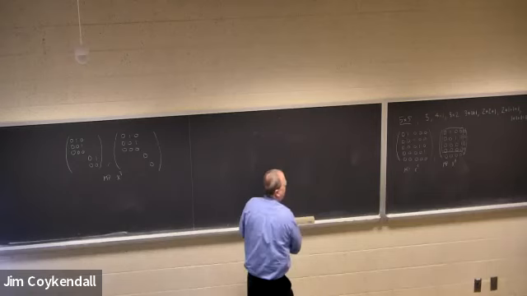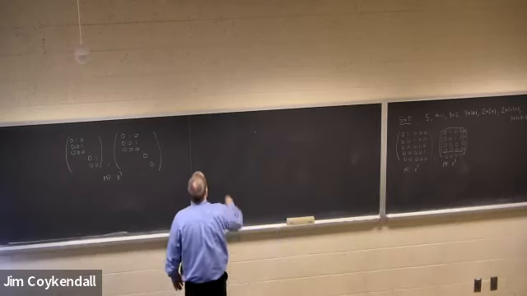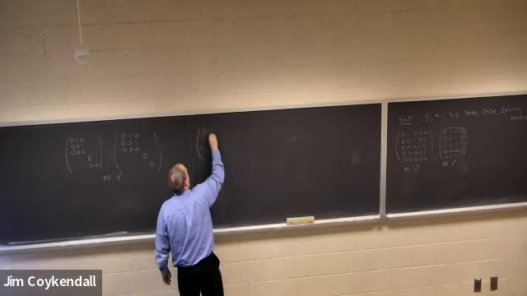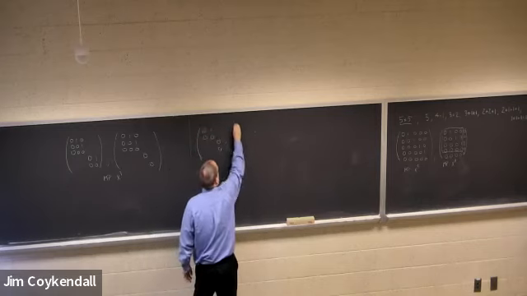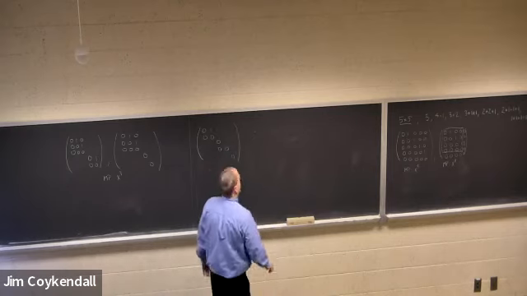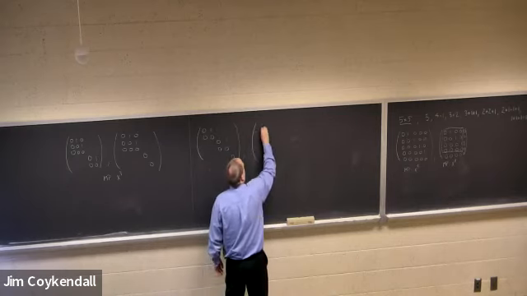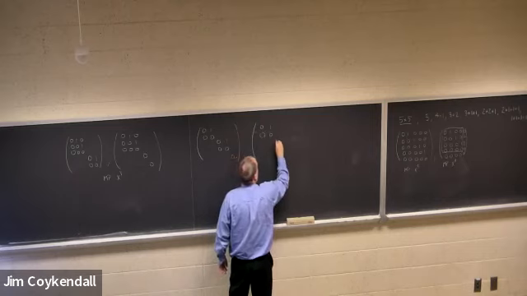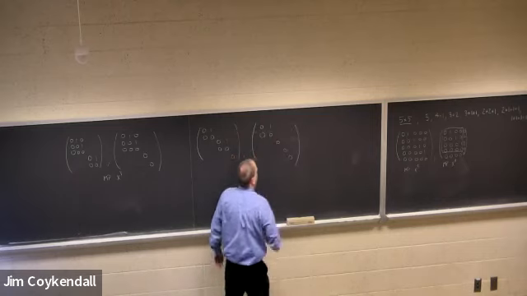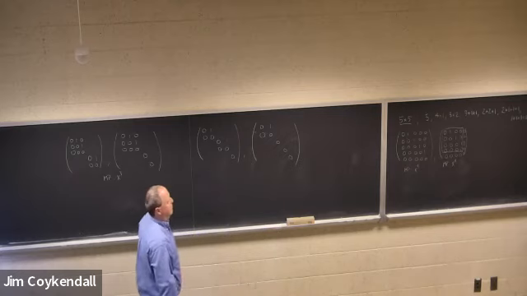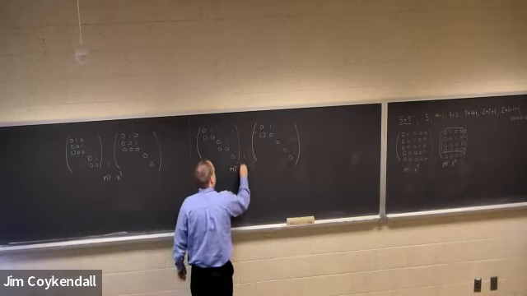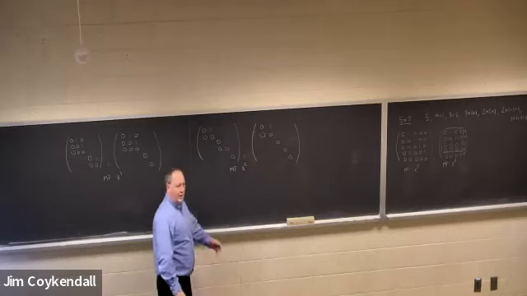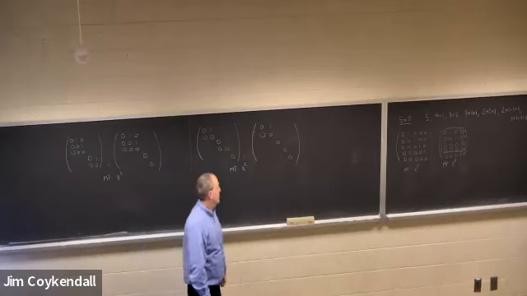Let's do the rest of it. So we've got 2 more. This is the 2 plus 2 plus 1. And then you have 2 plus 1 plus 1 plus 1. These both have minimal polynomial x squared. Notice again, the minimal polynomial is not enough to tell.